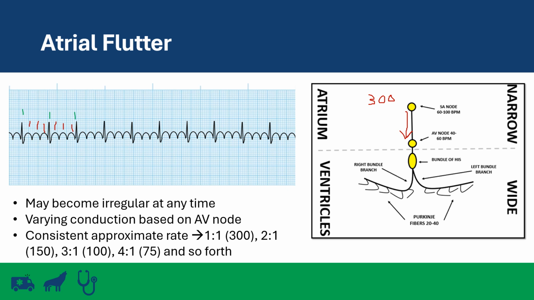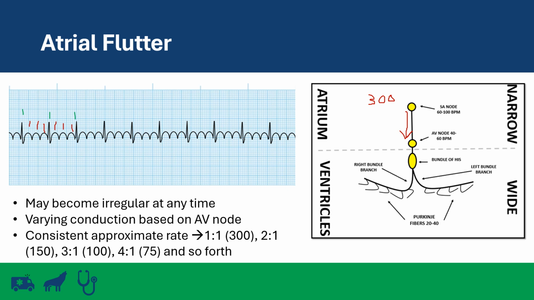What this means is that the AV node is able to receive 3 impulses from the atria and then conduct 1 QRS. So we would call this atrial flutter with 3-to-1 conduction, because for every 3 flutter waves or P waves that get sent to the AV node, only 1 gets through the AV node down to the ventricles.